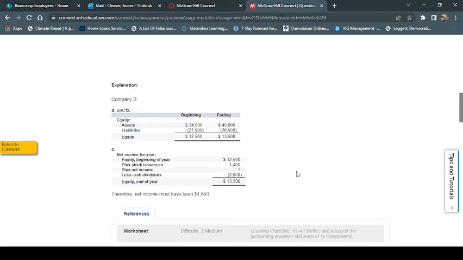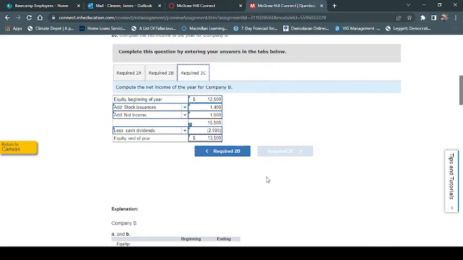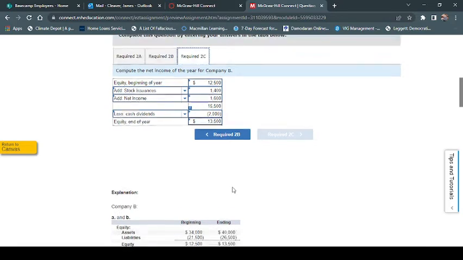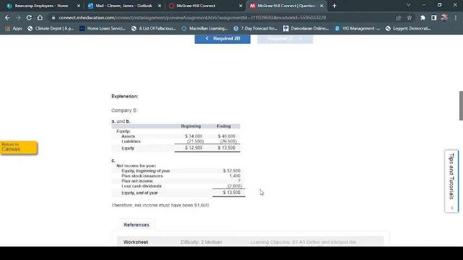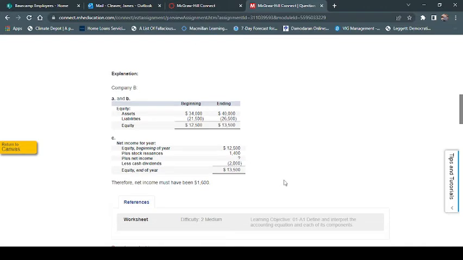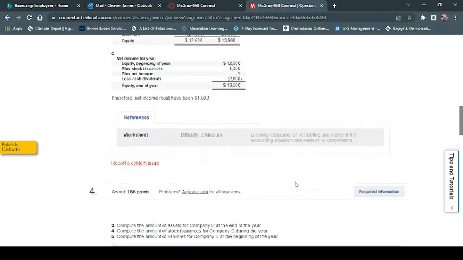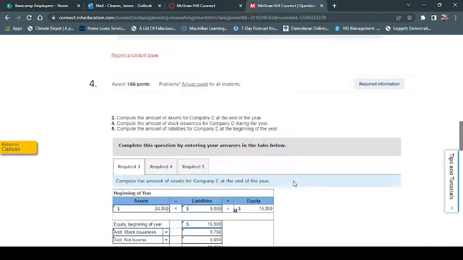C looks like that. Terrific, right? Add stock, net income, subtract your dividends, and you end up with equity at the end of the year. Here's what it looks like trying to solve for net income. All right. Question 4.